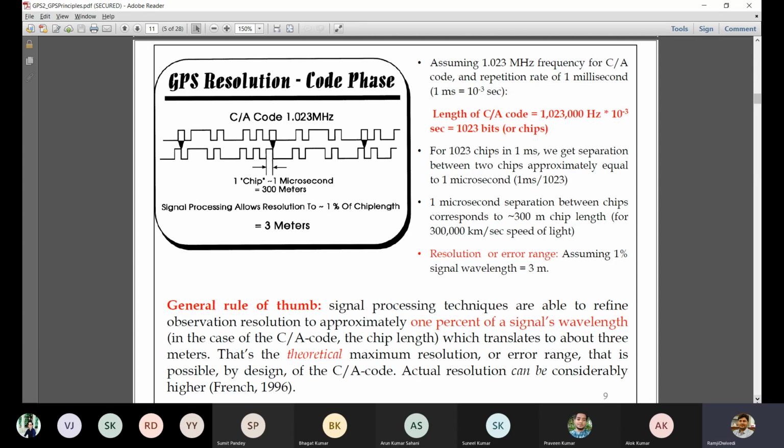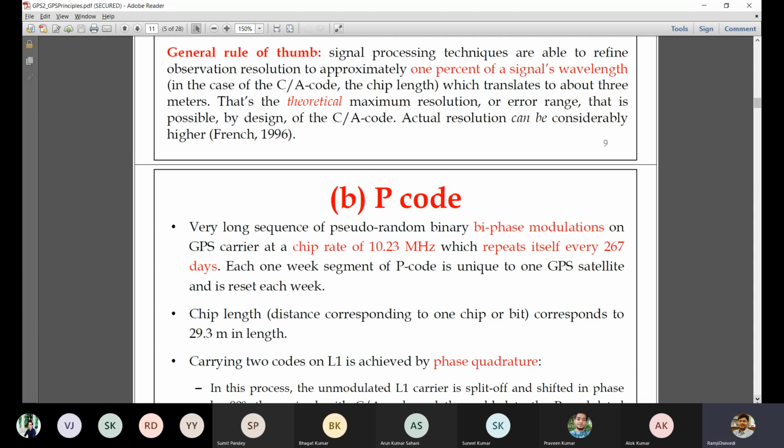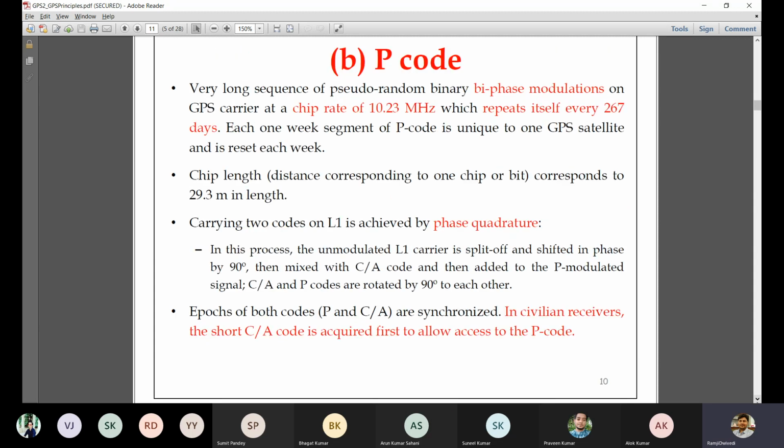Similarly, the P code is a very long sequence of pseudo-random binary biphase modulation on the GPS carrier at a chip rate of 10.23 megahertz, which repeats itself every 267th day.